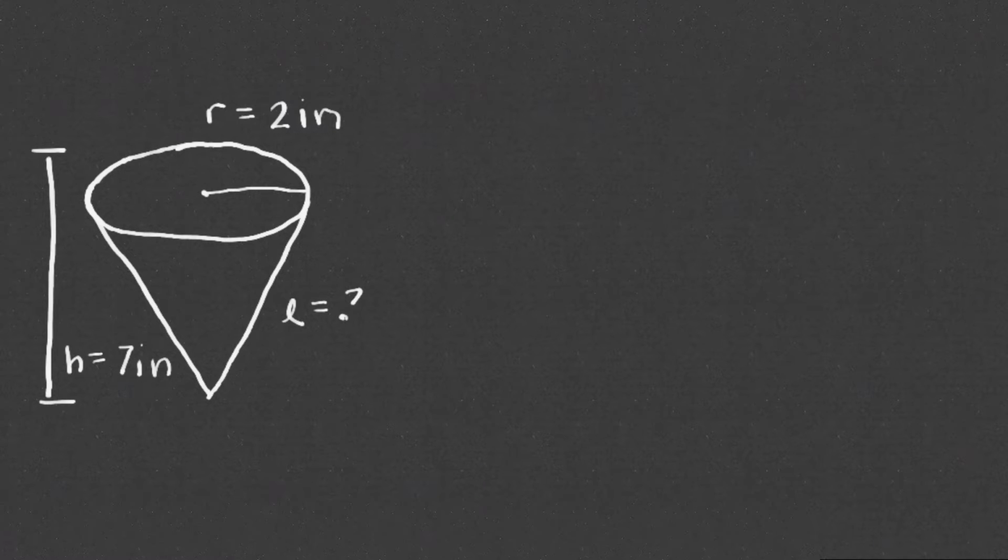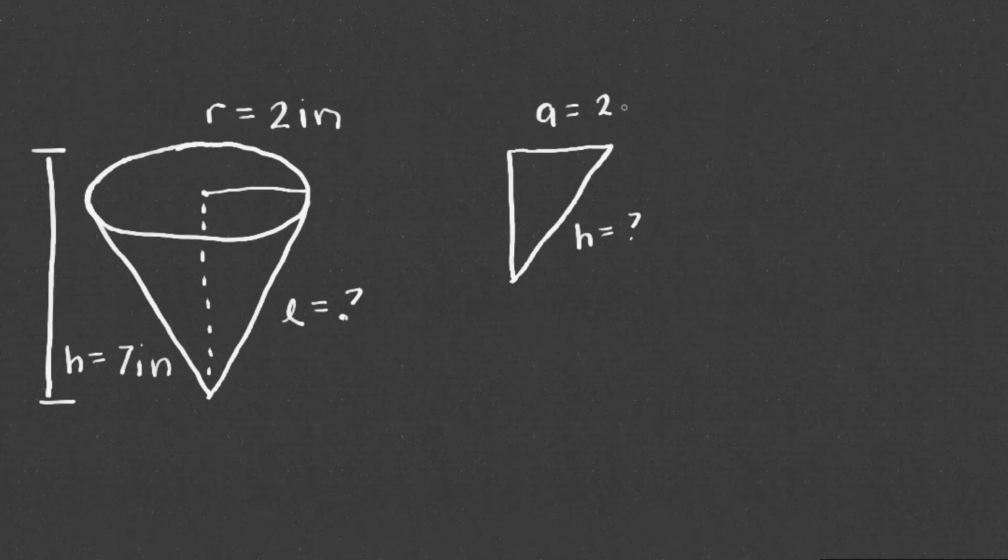Before we solve for the volume, we first need to know the value of the slant height. In this, we can see a triangle. So let's isolate that triangle, in which the hypotenuse, which is the slant height, is unknown, the adjacent, which is the radius, is 2 inches, and the opposite, which is the height, is 7 inches.